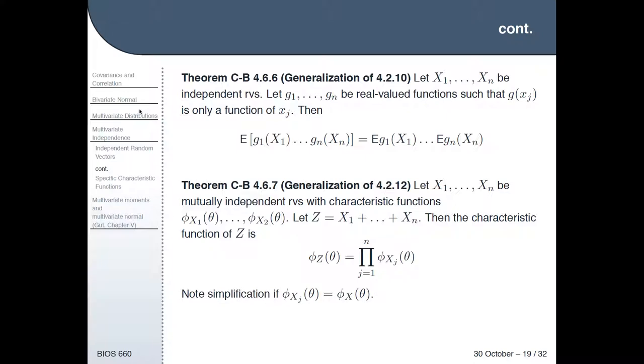In particular, if they all have the same distribution, I guess I forgot to write the punchline down at the very bottom, then the characteristic function for z is just the characteristic function for any one variable raised to the nth power. Seems like a dumb little side note, but that's actually crucial to proving the central limit theorem, as we'll see in a couple weeks.